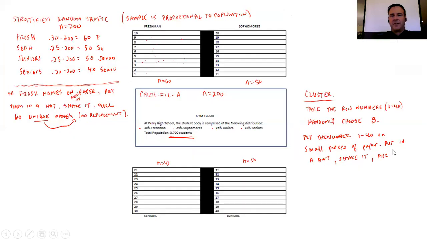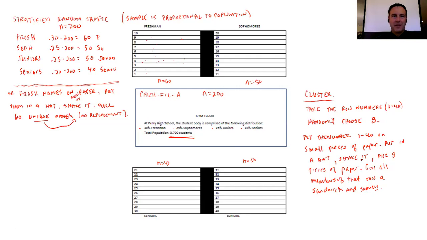Sorry about that. I'm almost done, so I don't want to start over. Pick 8 pieces of paper, and with those 8, give all members of that row a sandwich and a survey.